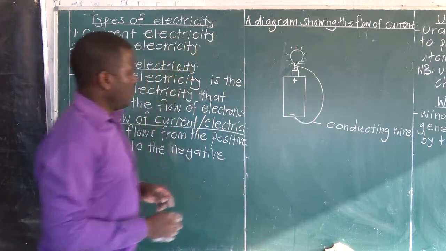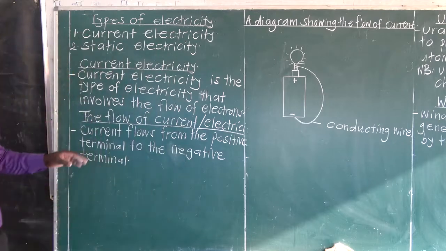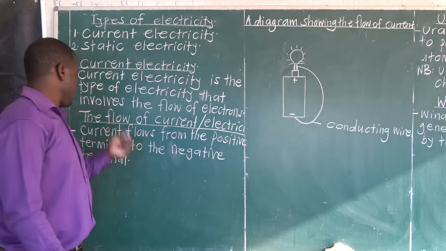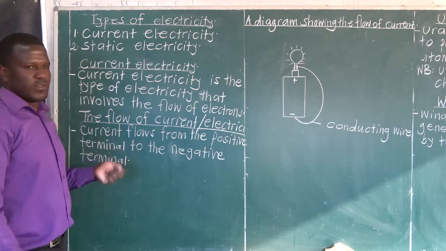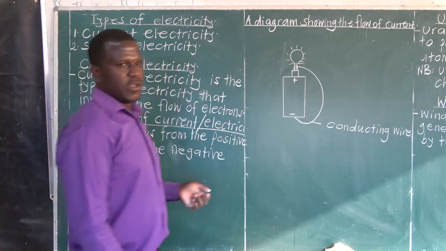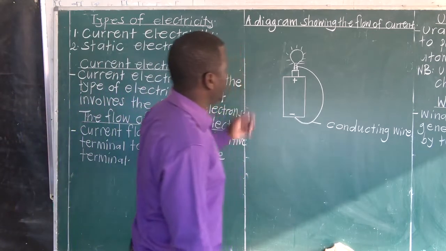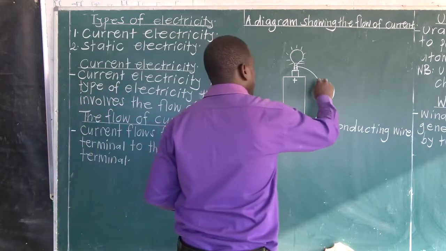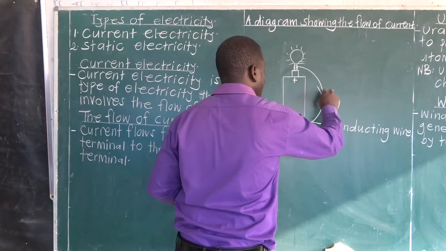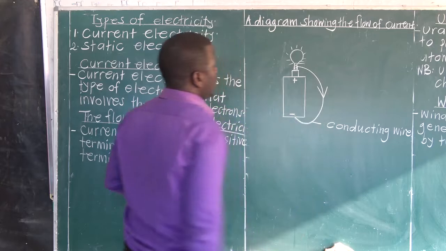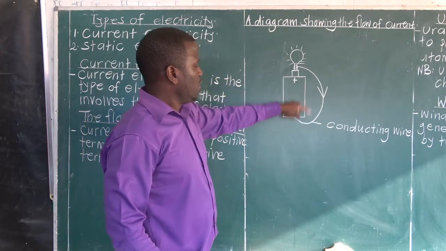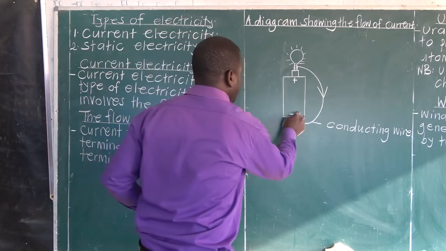So if we come to the flow of current, we say current flows from the positive terminal to the negative terminal. So you draw an arrow to show that current is flowing from the positive terminal to the negative terminal.